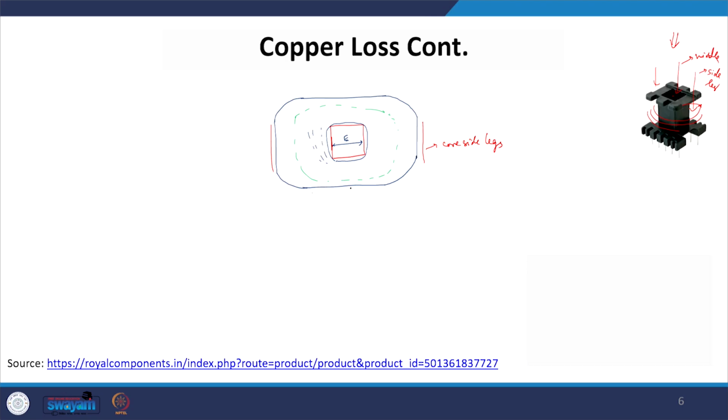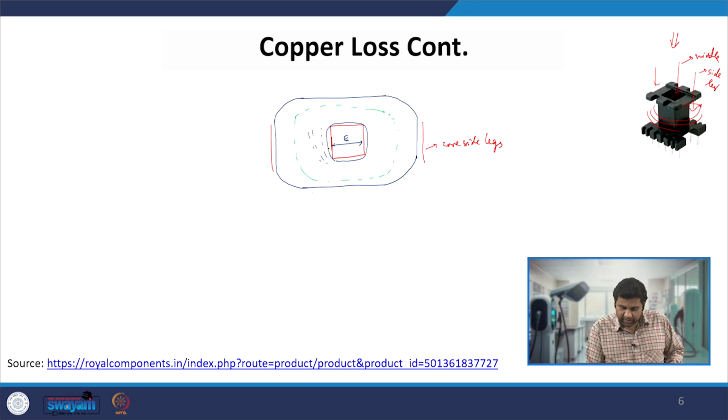So this is my E, and here, if you look very carefully at the place where our windings are wound, you have a copper conductor over which you have the insulation layer, which is the enamel layer insulation.